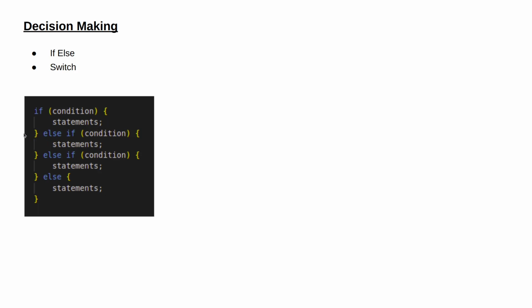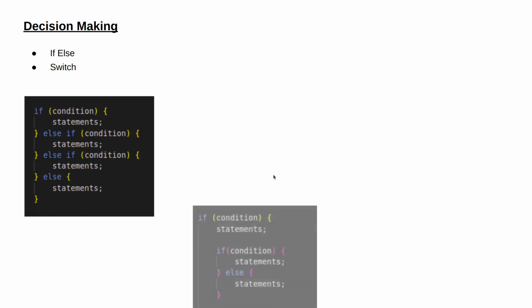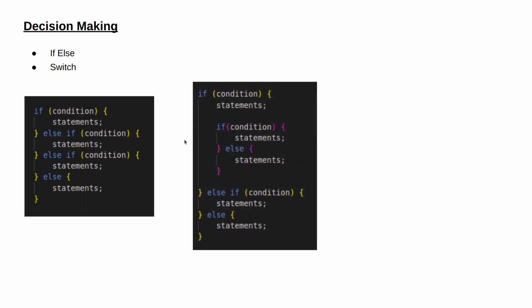Again if it is false, then it will go here. If it is true, it will come here. If all these conditions are false, then whatever we have written in the else statement will be executed.